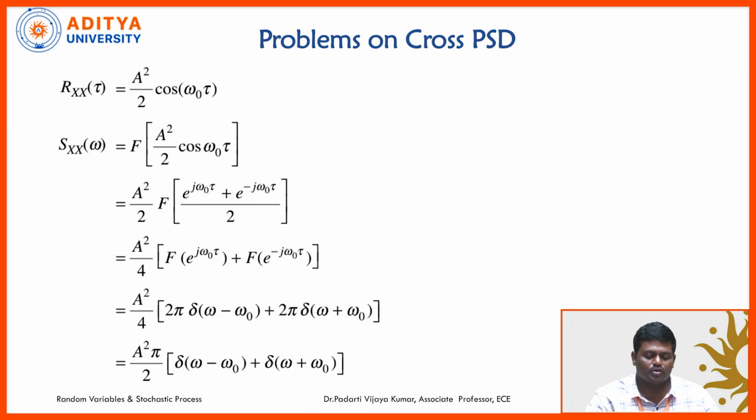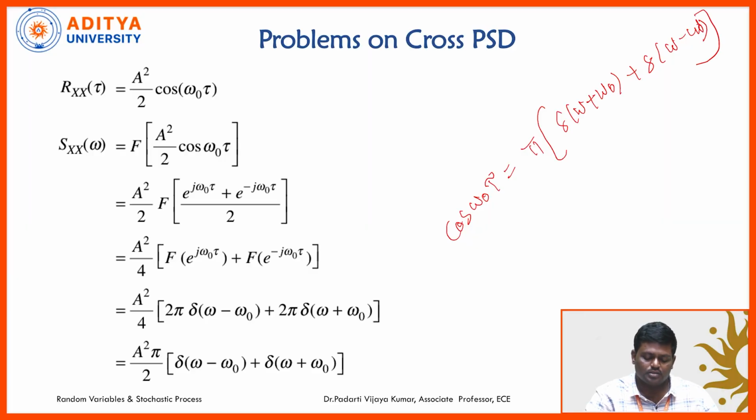Next, the Fourier transform of cos omega naught tau. The cos omega naught tau Fourier transform is pi into del of omega plus omega naught plus del of omega minus omega naught. We can use this relation. So the Fourier transform will be simply A square pi by 2 into del of omega plus omega naught plus del of omega minus omega naught.